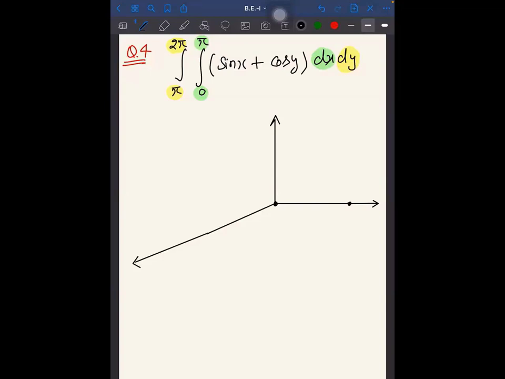Pi and 2 pi. So let's say it is pi over here and 2 pi over here. So that means your y starts from pi to 2 pi, and your x starts from 0 to pi.